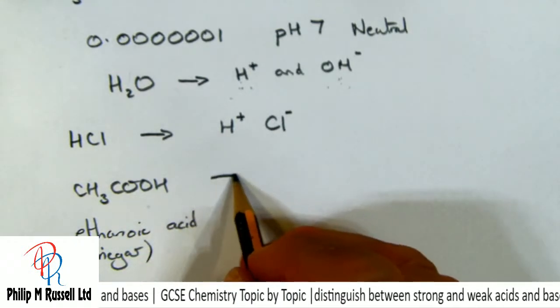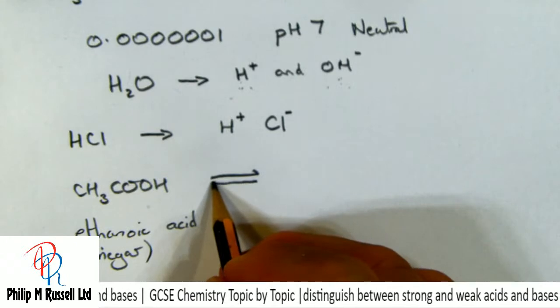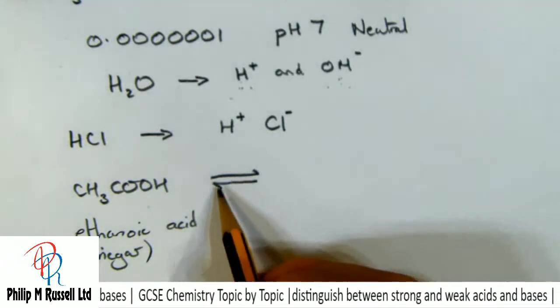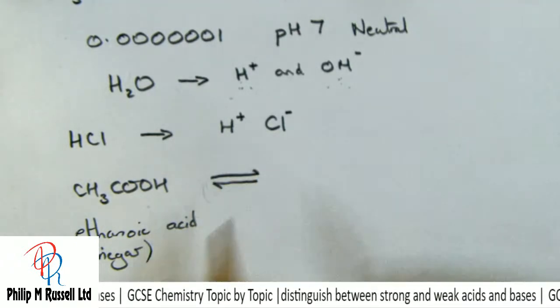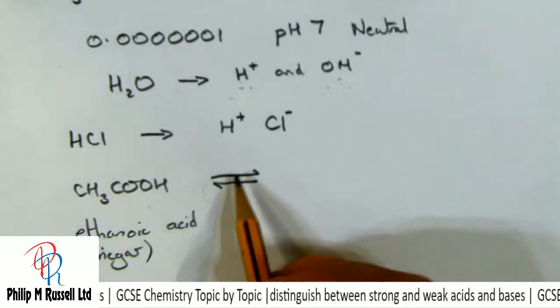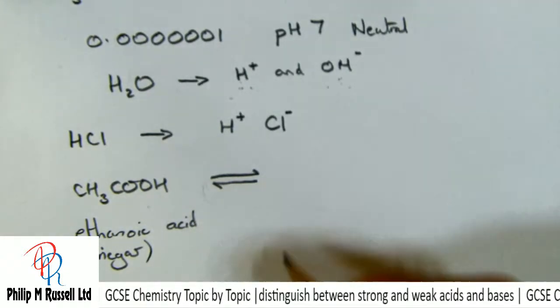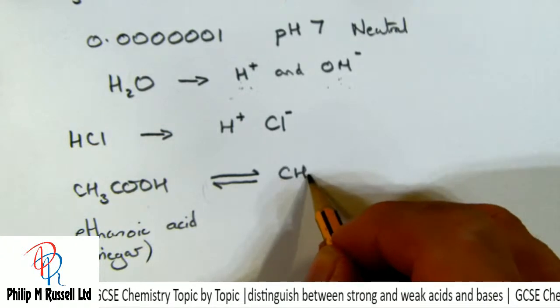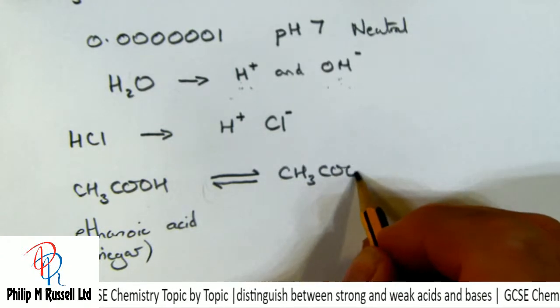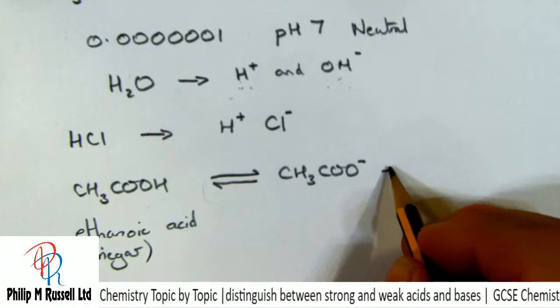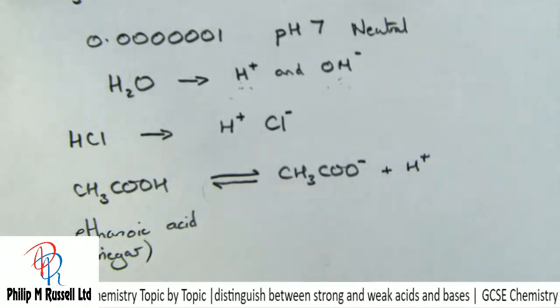When I put this in water, we get a different arrow being drawn here, a double-headed arrow, meaning that some's going this way and some's going that way, and I get CH3COO minus, plus I've got H plus.